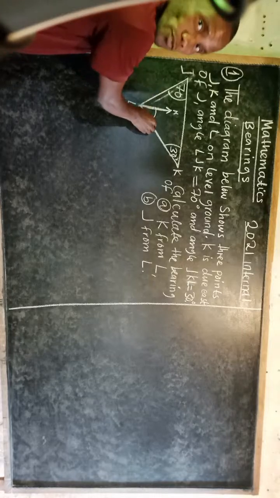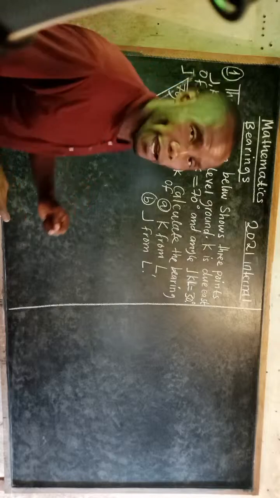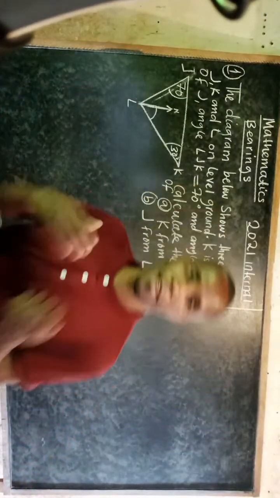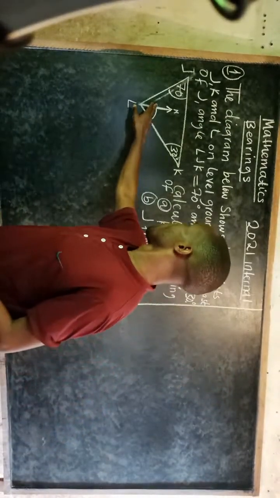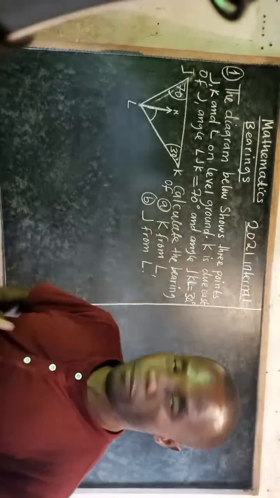That is where you are going to end. So now from there, we know that the angle they are looking for, or rather the bearing, is this one. That is the first step, as I've said.